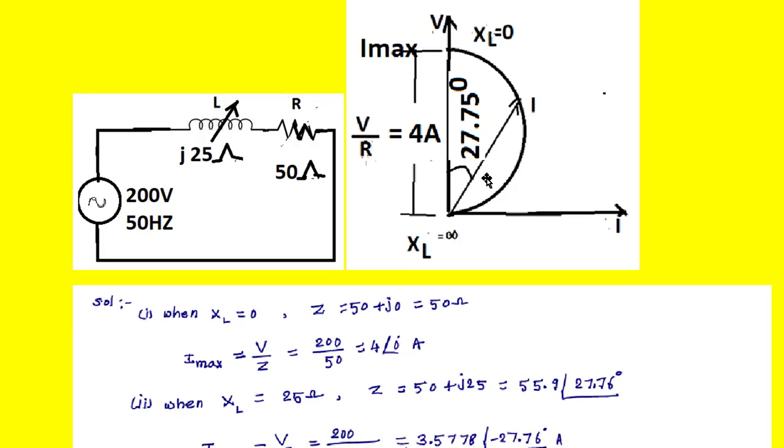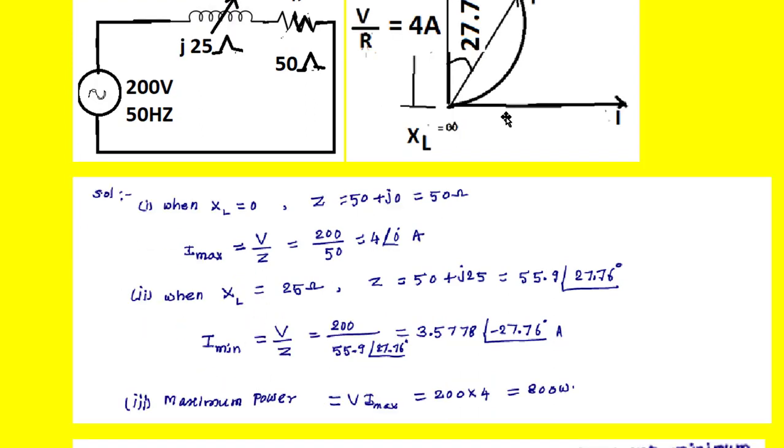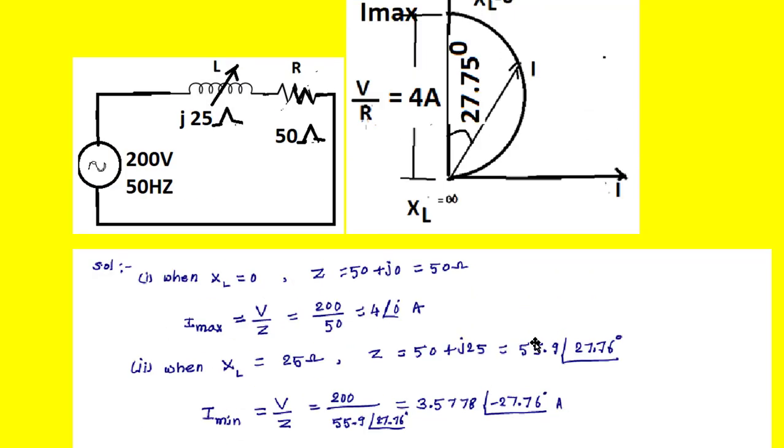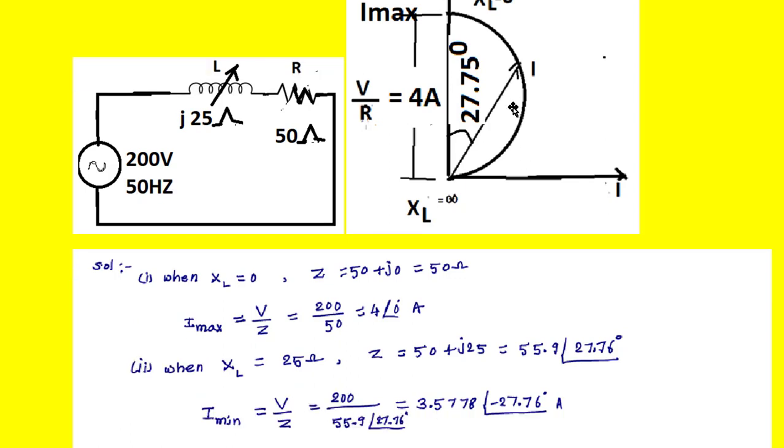And we know that the minimum current is 3.5 amperes at an angle of 27.75 degrees, and that too current lagging. Minus means lagging. Why is it lagging? Because an inductor is present in the circuit. Automatically the resultant current definitely lags the voltage by some angle like this.